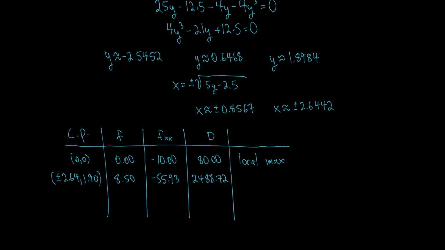So again, we have a local maximum. So it looks like so far we have 3 local maximums because there's 2 of them over here that I did at once. Then lastly, we take a look at plus or minus 0.86, 0.65.